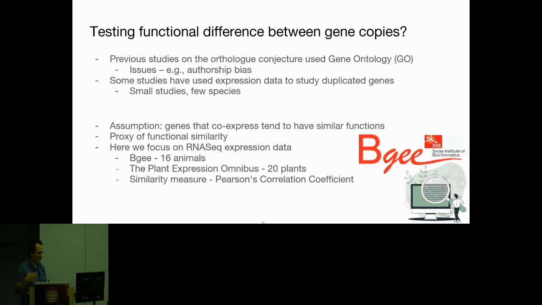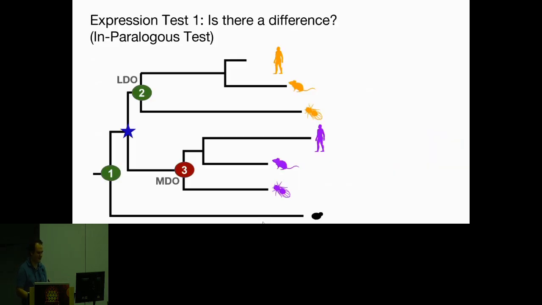After performing a process to normalize the data, we end up having a similarity measure between these profiles. We use Pearson's correlation coefficient.